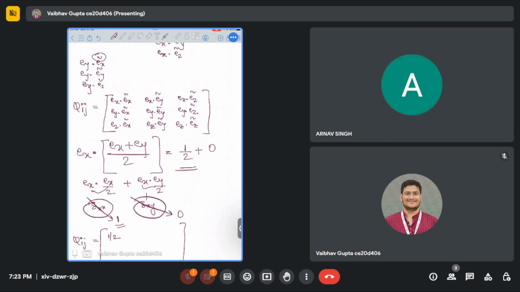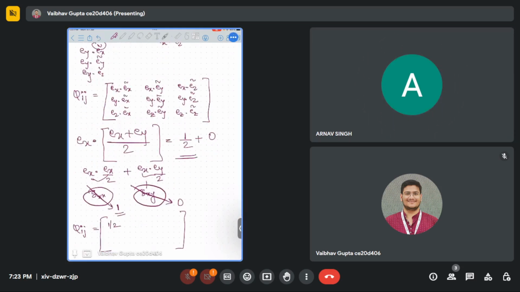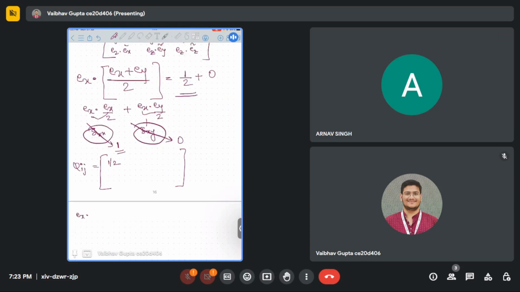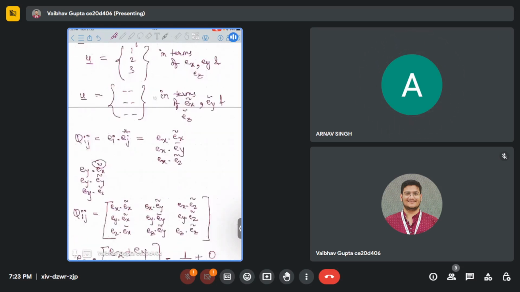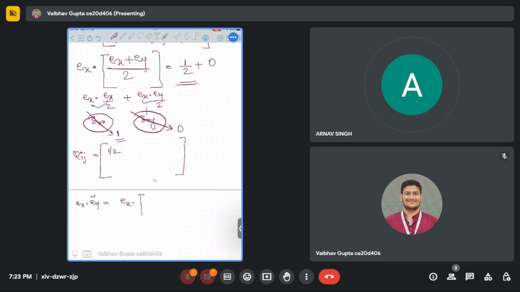Similarly, we'll solve for the other expressions also. What is Ex dotted with Ey tilde? Ex is Ex. Ey tilde is minus Ey plus Ez by 2, as per the question. Now what is the value if you dot product this thing?